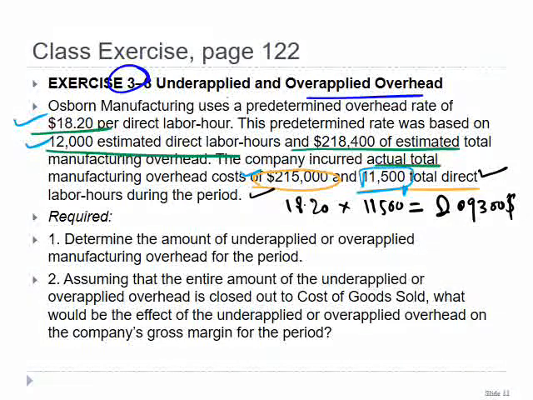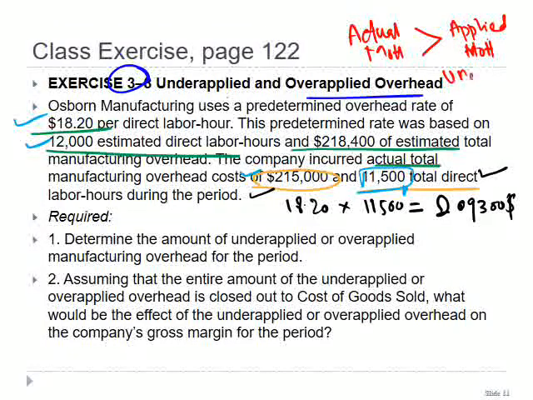In this case, actual manufacturing overhead is greater than applied, and this is the case of under applied manufacturing overhead, right?